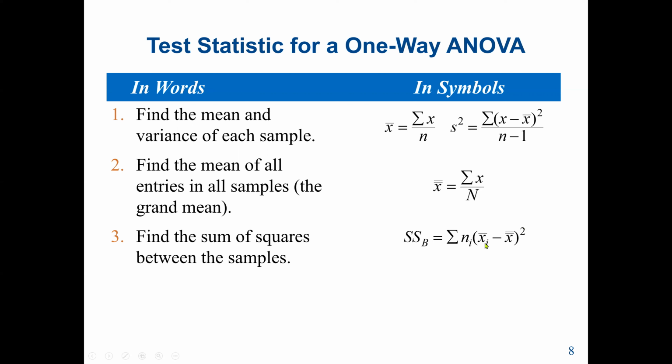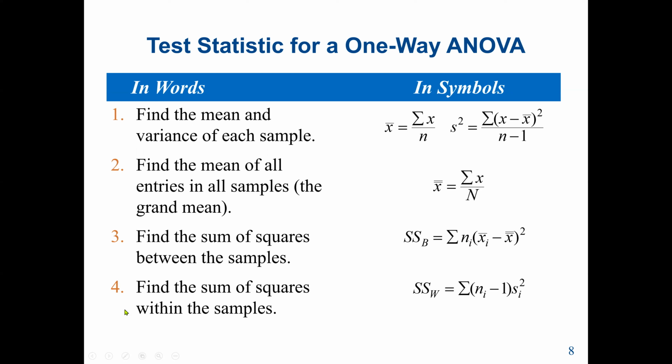Then we go to x2 bar, the second sample mean, minus the grand mean, squared, multiplied by the second sample size. When we finish, we sum it together, and that gives us the SSB, the sum of squares between the samples.